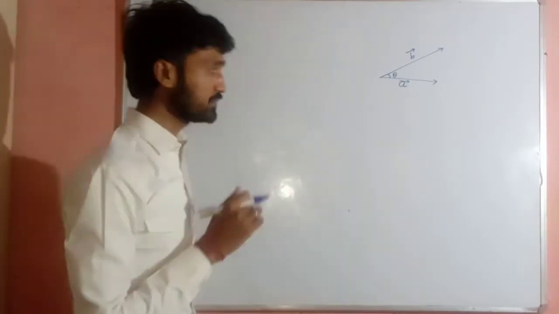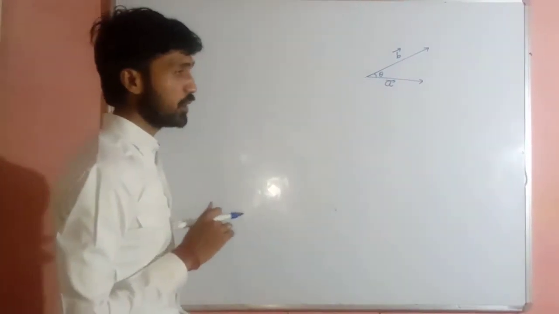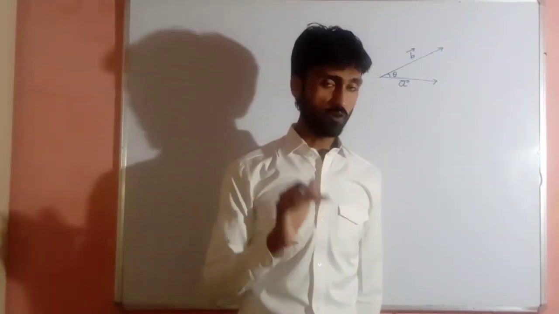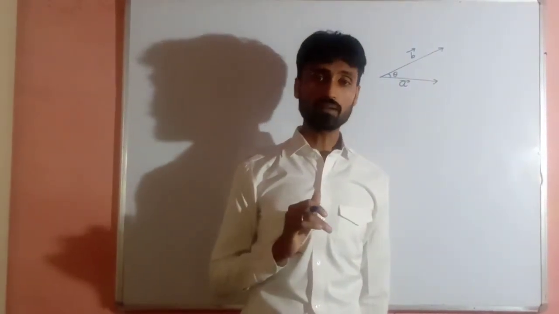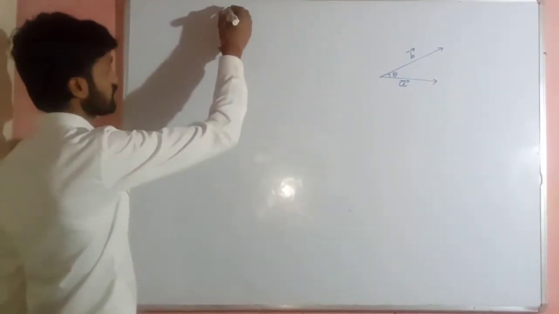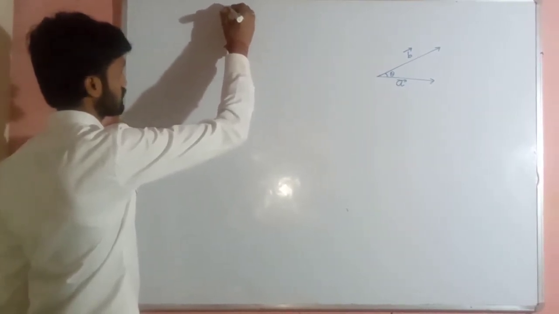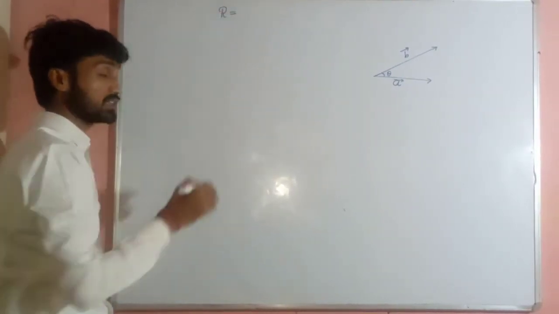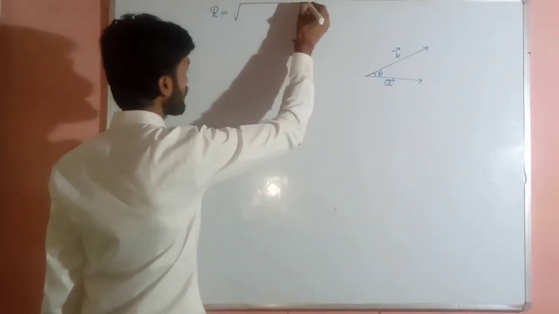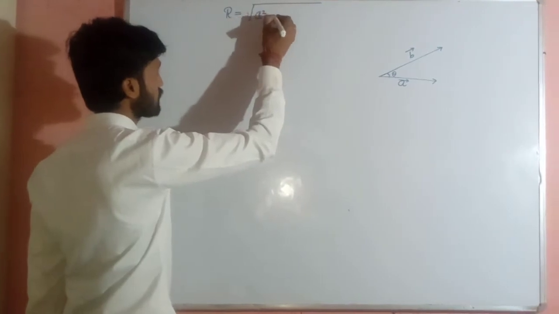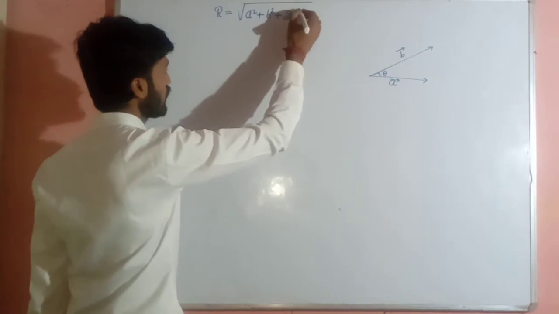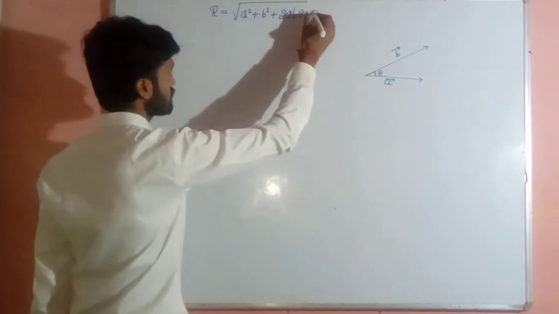In the last lecture we obtained a relation for the resultant: the magnitude of the resultant vector of A and B is equal to the square root of A square plus B square plus 2AB cos theta.